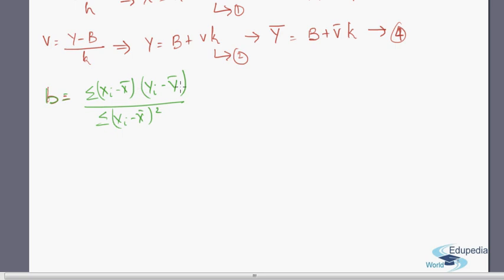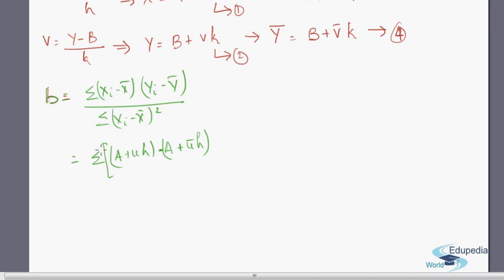What we will have is, in place of xi minus x bar, xi as a plus uh, so a plus uh minus x bar, which is a plus u bar h.